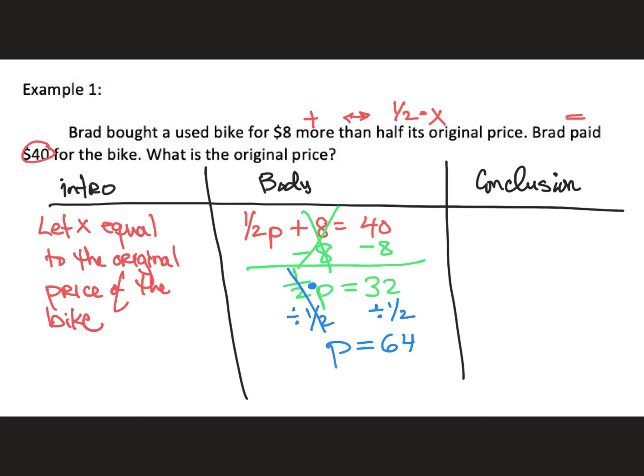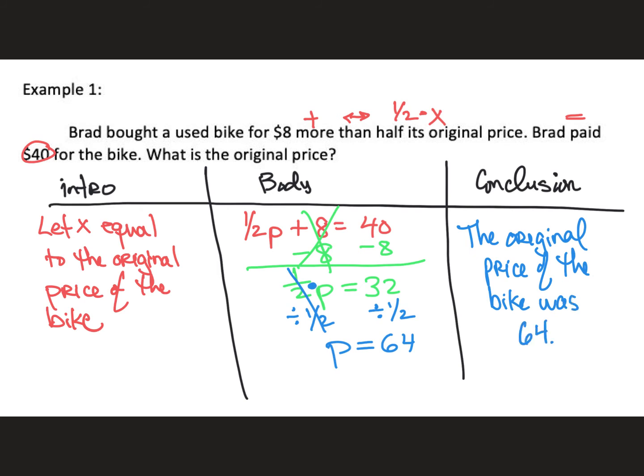Now we're going to do the conclusion, putting it into a sentence. The original price of the bike was $64.